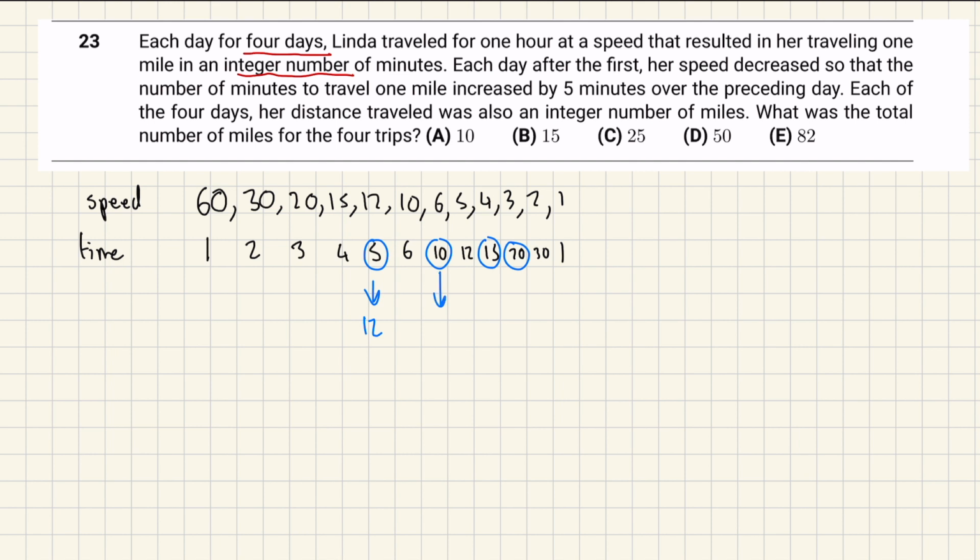Then she's doing, coming from that, 12 miles, 6 miles, 4 miles, and then 3 miles. If you add all of these up, what do you get? You get 25 miles. Really cool problem.